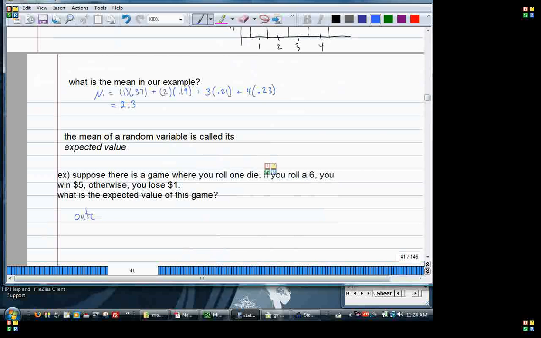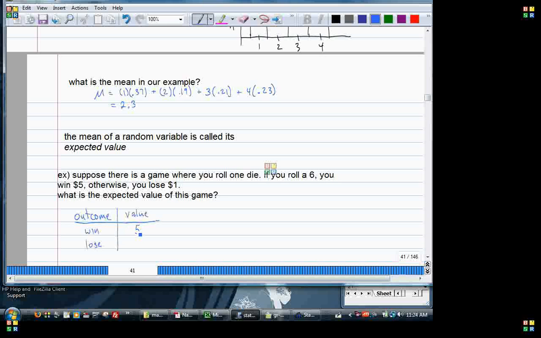When you play this game, what can happen? You can win or lose. Now, what is the value of winning? $5. What is the value of losing?